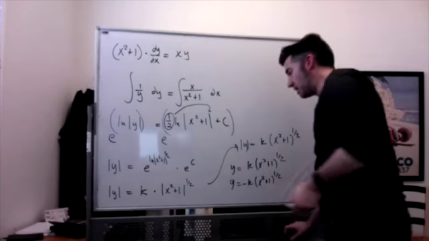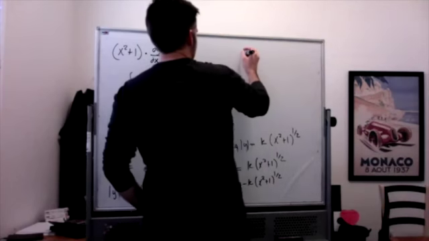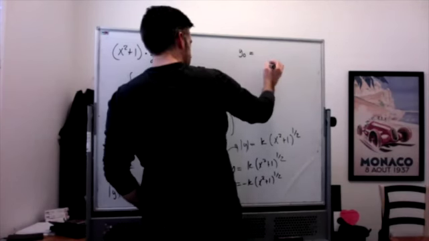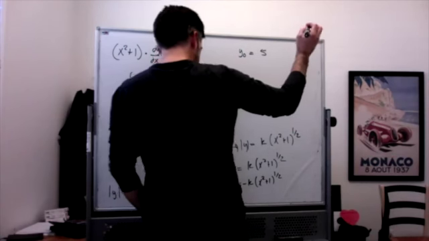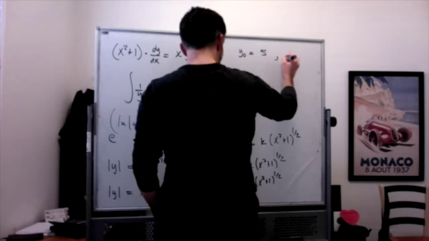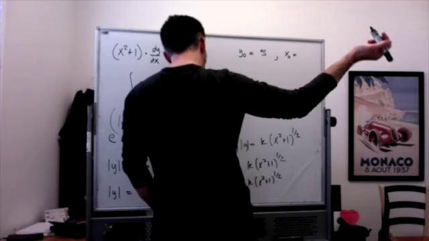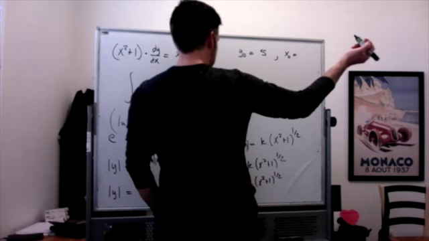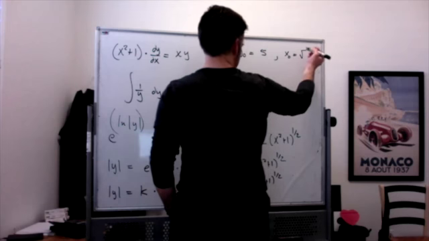So let me give an initial condition. Let's say that y naught is equal to 5 when x naught is equal to, sure, let's pick something silly like the square root of 3.